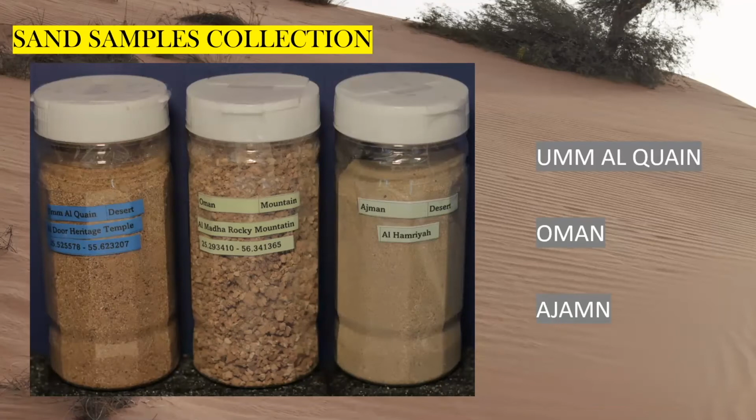If you Google United Arab Emirates, it's not as big as the United Kingdom or a big state in the US. It's just a relatively small country, and yet it has so many different colors and grains of sand.